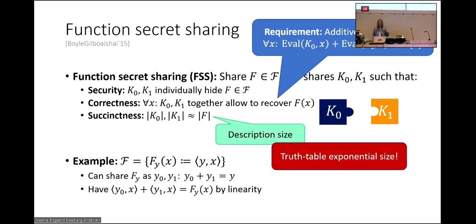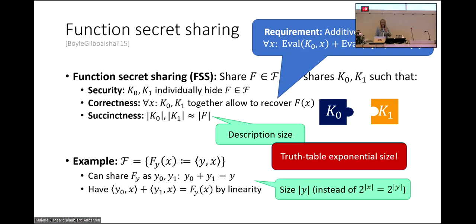Then, because of linearity, you just evaluate the function locally, add the two up, and you get the output of the function by linearity. But of course, for more complex functions, that will not do. What we got here is succinctness: the size is really just the size of the description of the function, this y, instead of writing out the truth table for every element.